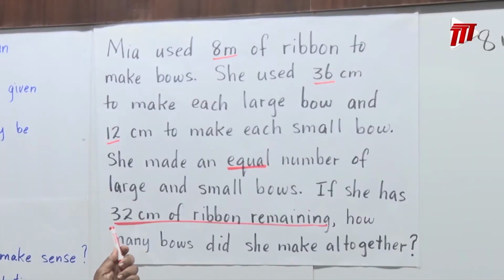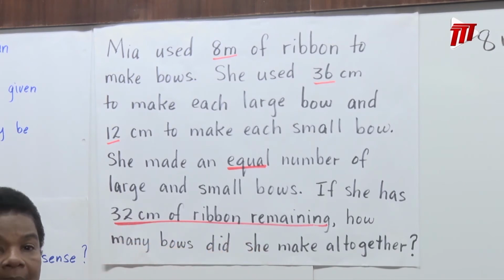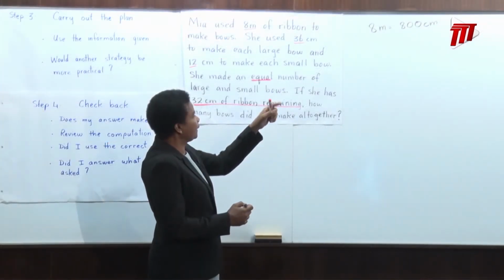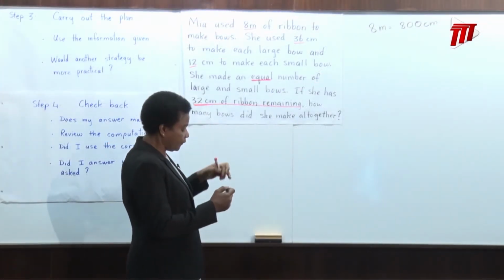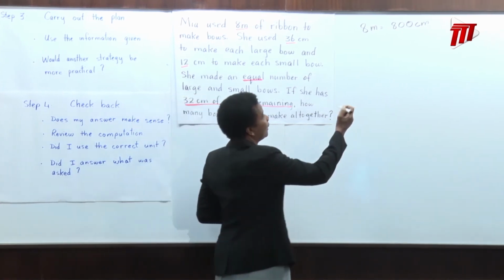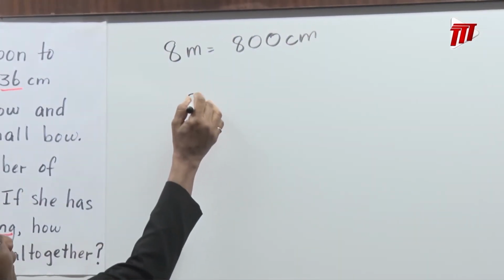If she has 32 centimeters of ribbon remaining, then common sense will tell us that she used 800 less the 32. So let's see how much Mia used.